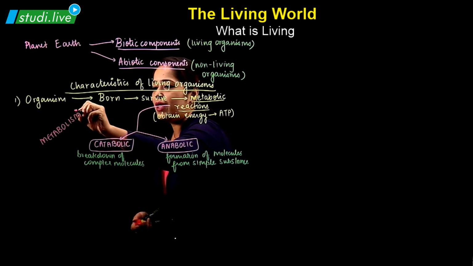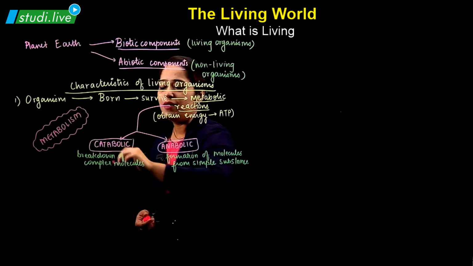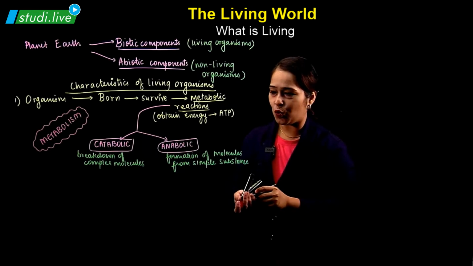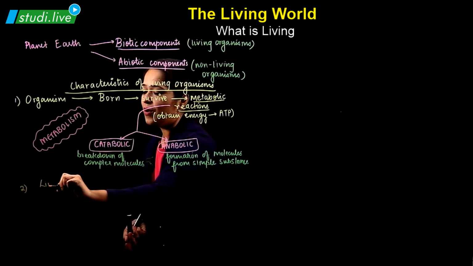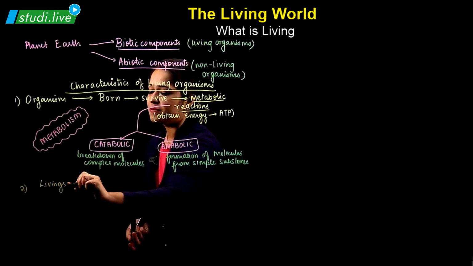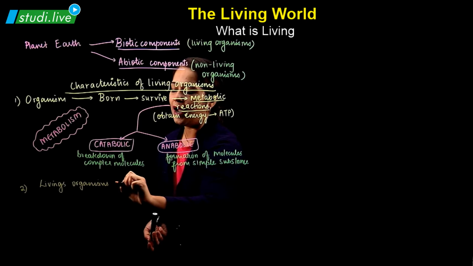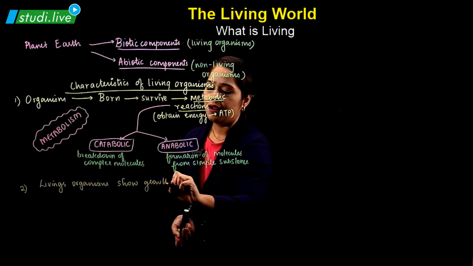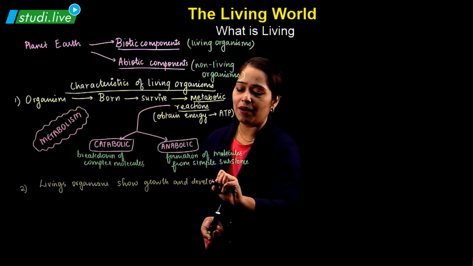Now as the organism is born, it has to survive, and with time it shows properties such as growth and development. So our second point is that living organisms show growth and development. Now let us focus on this growth and development process.